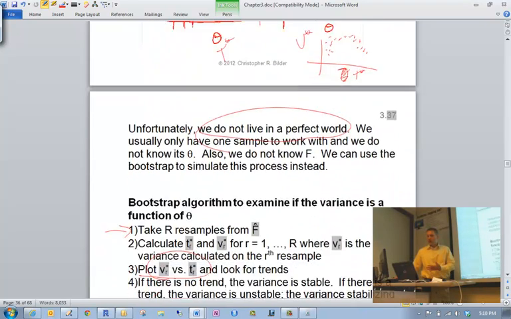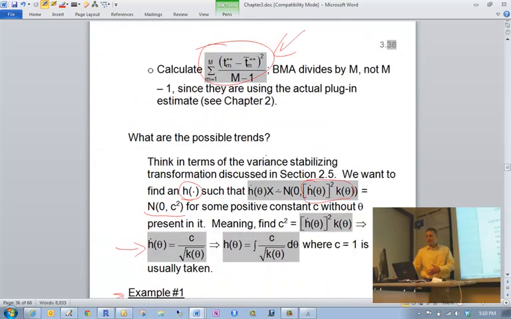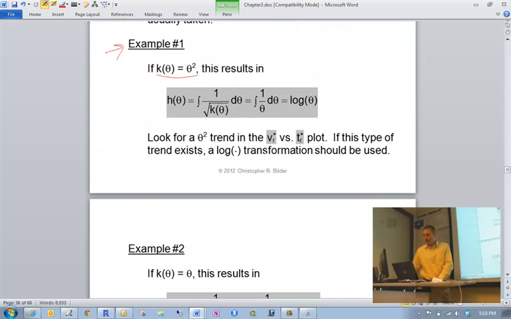If you see a quadratic trend like that, then use a log transformation.